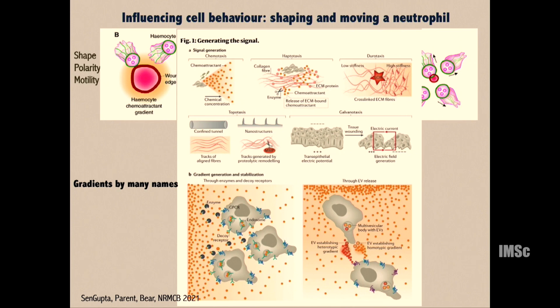You could have electric currents that are also attractive. And the signals could be made into steep gradients, even if the initial gradients were shallow, through other mechanisms that could involve receptors and enzymes that could convert a shallow gradient into a steep one, and so on.